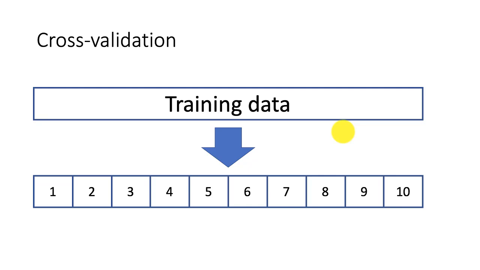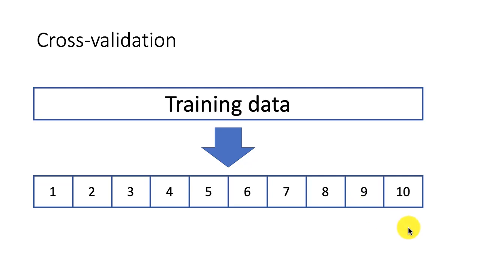Then it'll divide it into 10 sets of 100 rows each. So the training data has been randomly divided into 10 equal parts. It could be 10, it could be 20. I'm just using 10 as an example, and this is what rpart uses by default.